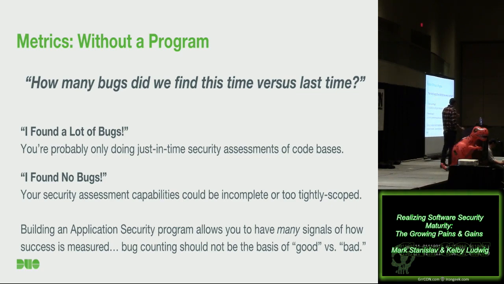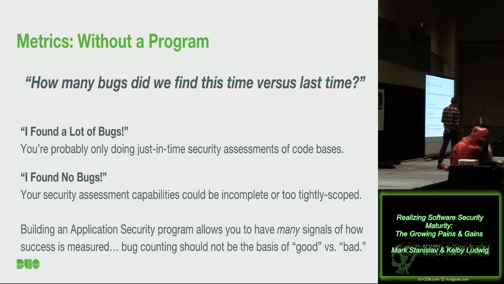On the other hand, if you found no bugs, maybe you're doing awesome, but maybe you didn't have the right coverage for your pen test, or maybe the security activities that you're doing are too tightly scoped to something that's not very important or doesn't have a high attack surface, and there's all this other stuff that does and is falling apart.